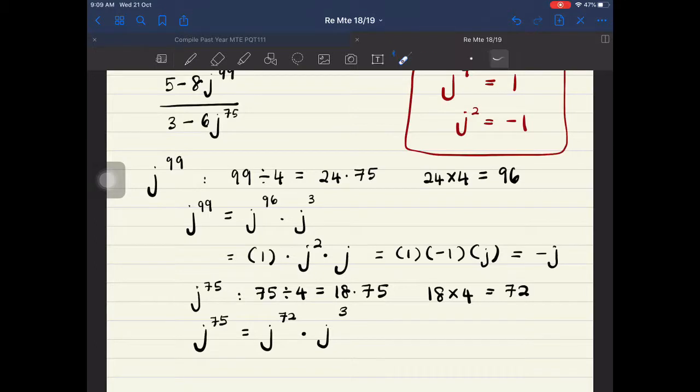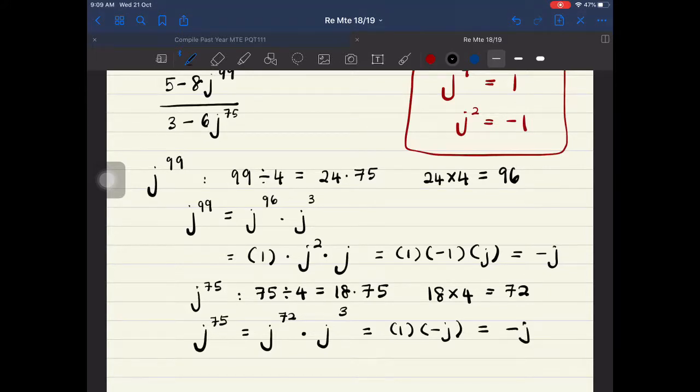Again here the same concept. If you don't know what j cubed is equal to, you can simplify it as j squared multiplied by j. In this case I will just write this as 1 multiplied by negative j, which is equal to negative j.